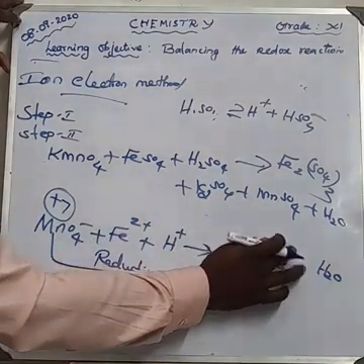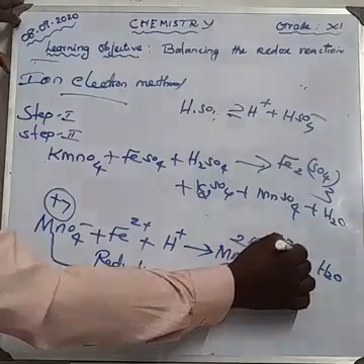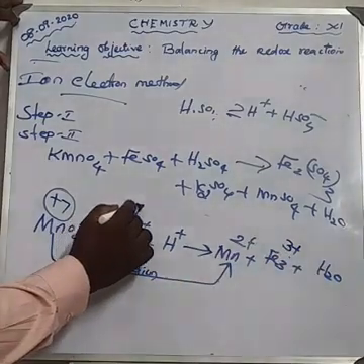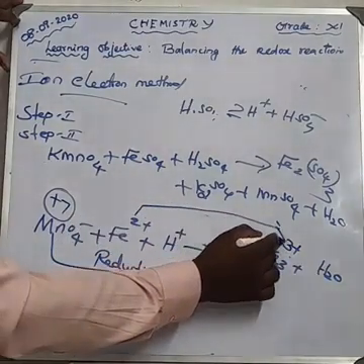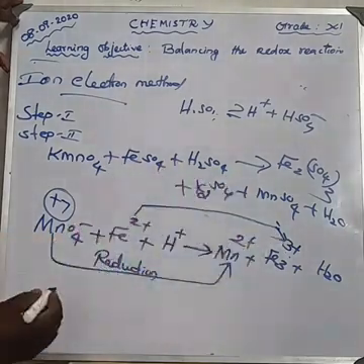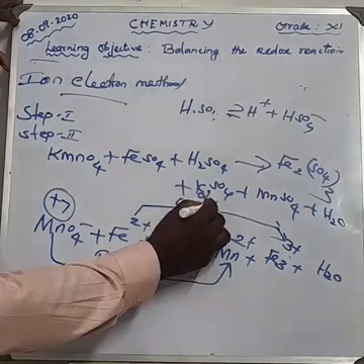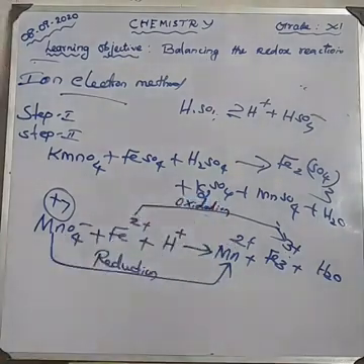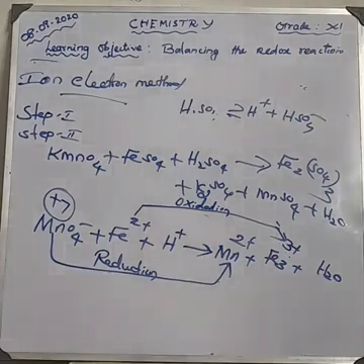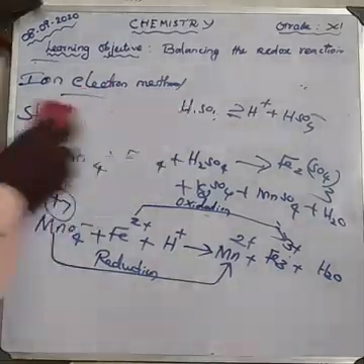Now it is increasing, from 2 plus to 3 plus, so that is called oxidation. Okay, now it is over. Next, about the two half reactions. First, write out the two half reactions.